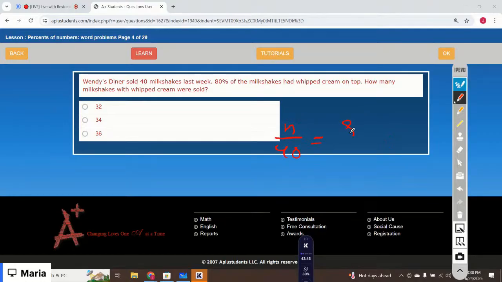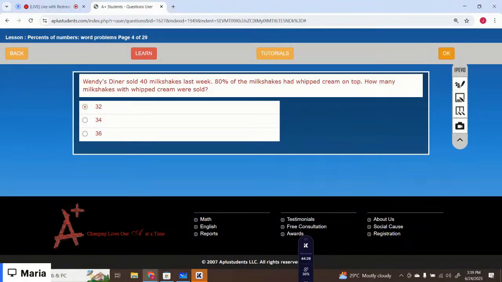That is n over 40 equals 80 over 100. That is 32. Option number one is the correct option.